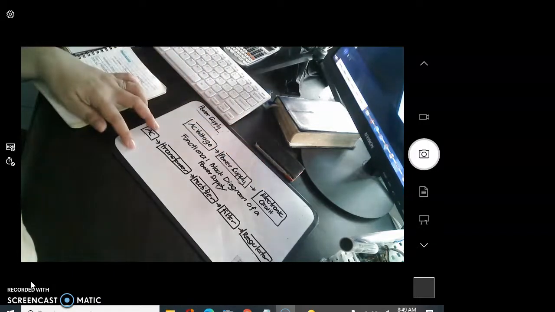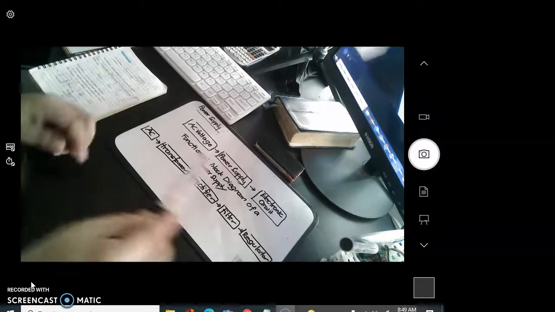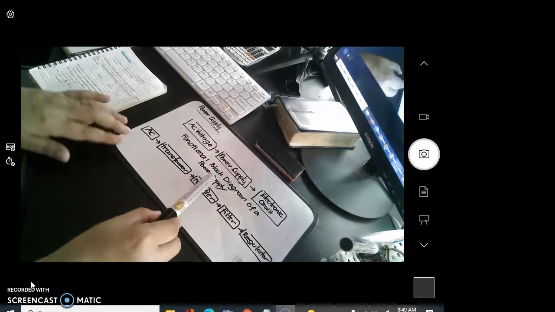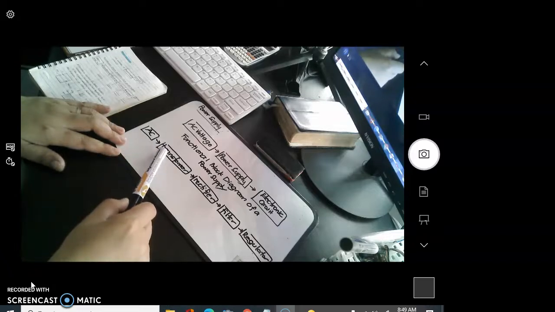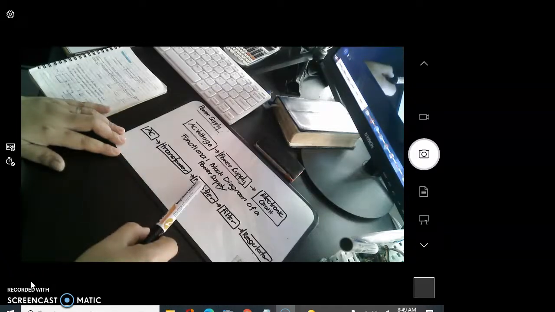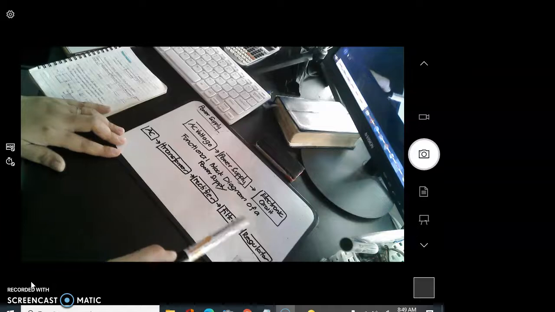The second block diagram that you are seeing is the functional block diagram of a power supply. So we have the source of AC, followed by a transformer, followed by a rectifier, followed by a filter, and followed by a regulator.